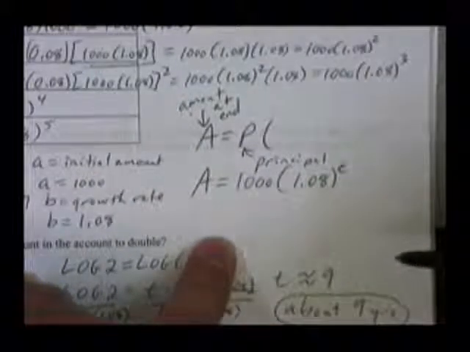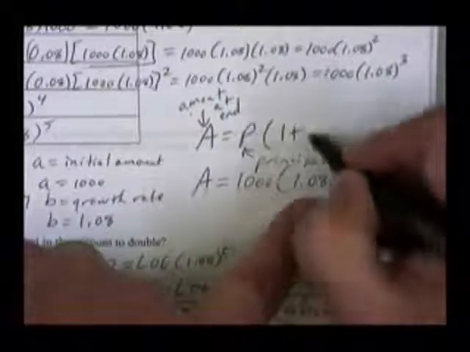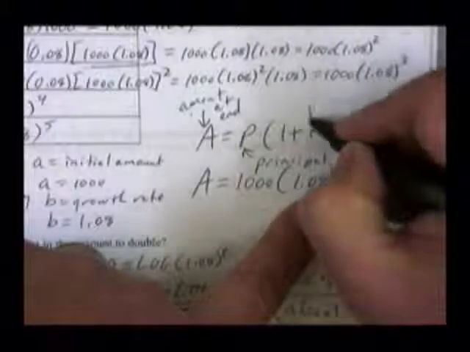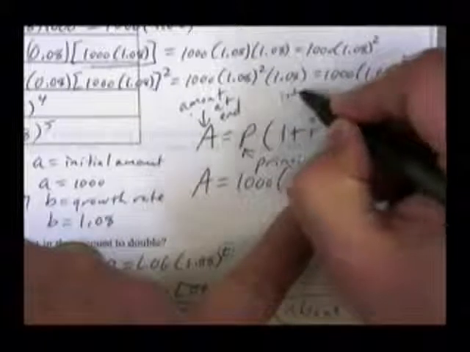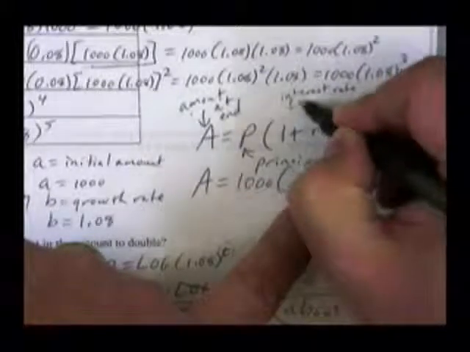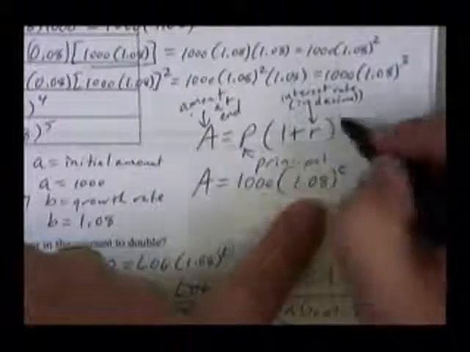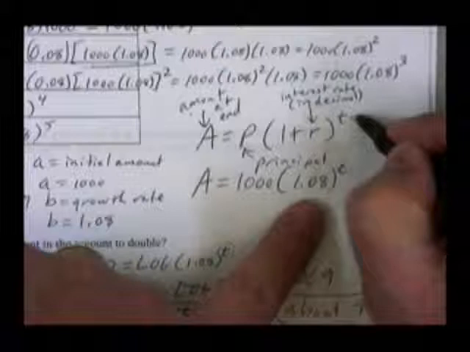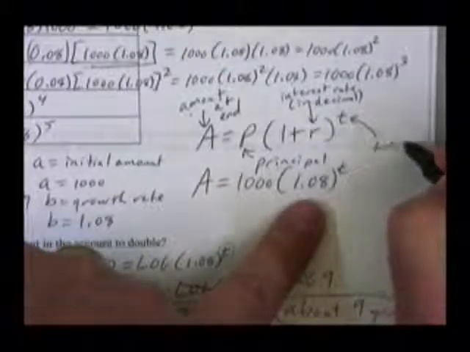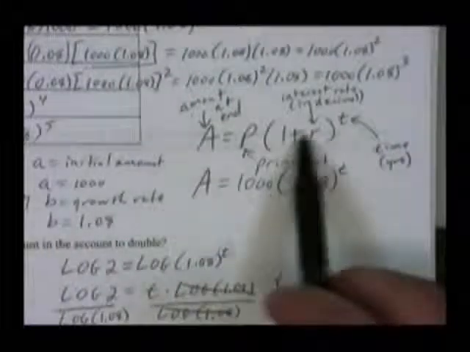It's the amount at the beginning. Then we had 1 plus our R, which was our interest rate. And remember, that has to be in decimal. And that was raised to the T, and this was the time in years. Okay? And this is a formula that you'll see in the book, and that's where it comes from, this whole idea up here.